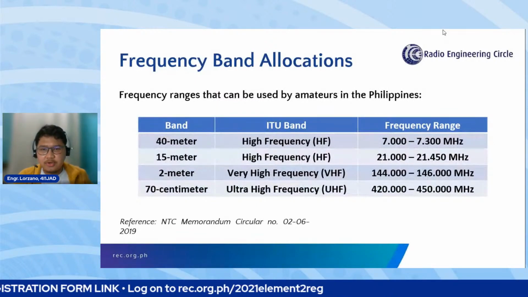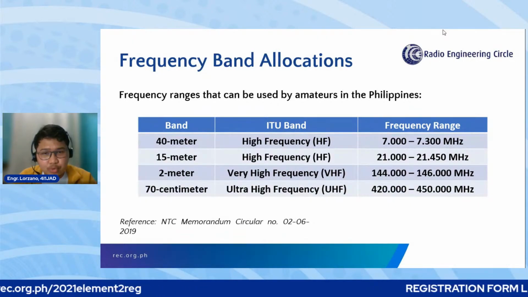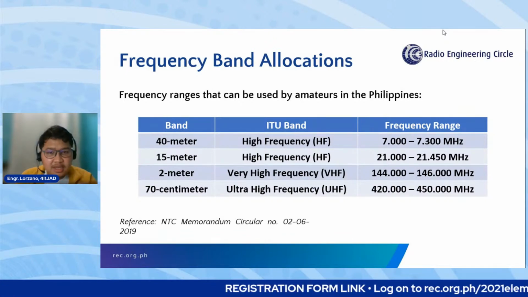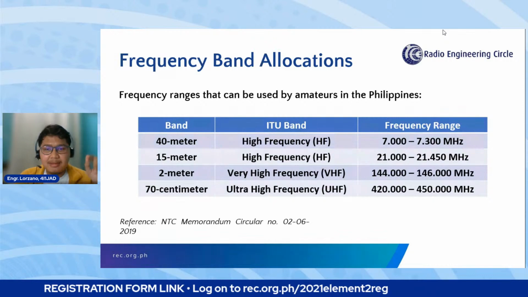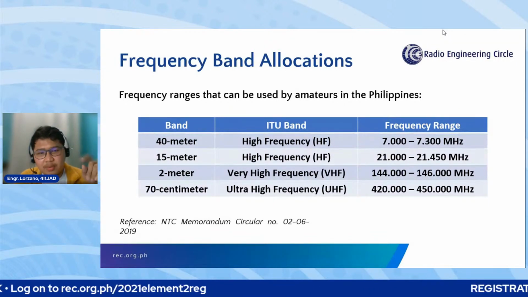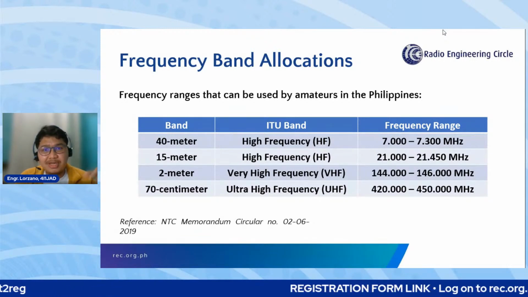So ayan, frequency ranges that can be used by amateurs in the Philippines. So meron tayong 40 meter HF from 7 to 7.3. Meron din tayong 15 meter, another HF band, 21 to 21.450 megahertz. 2 meter, ito yung usually na ginagamit natin.